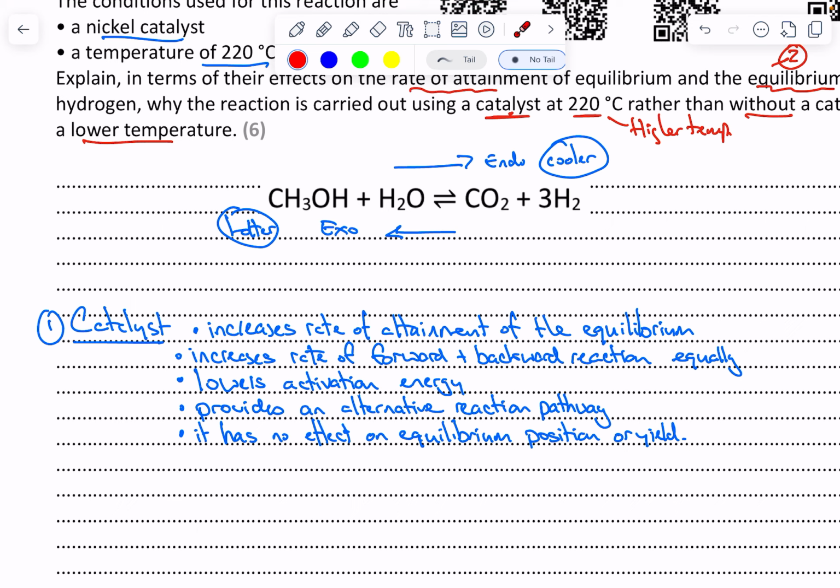They're able to do that by lowering the activation energy, and that happens because they provide an alternative reaction pathway. The catalyst has no effect on the equilibrium position, so it doesn't make it move to the right or to the left. All it does is increase the attainment, the setting up of the equilibrium.